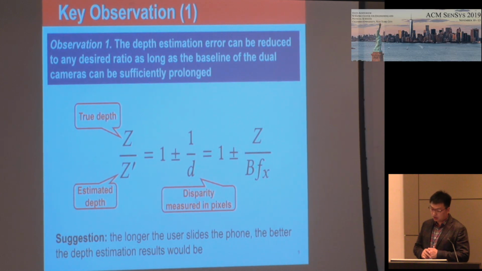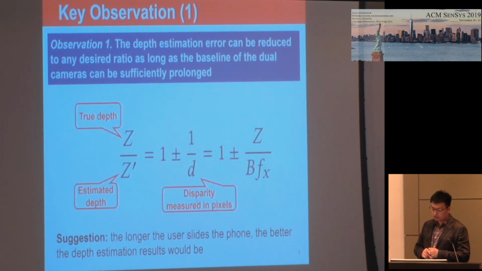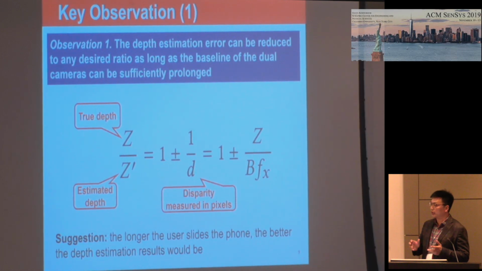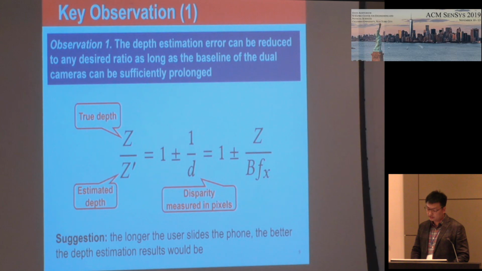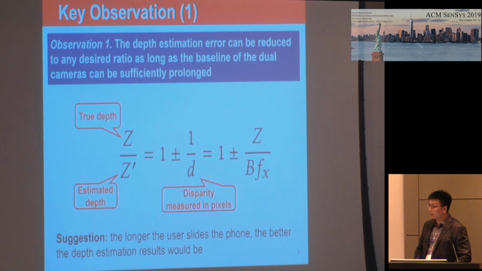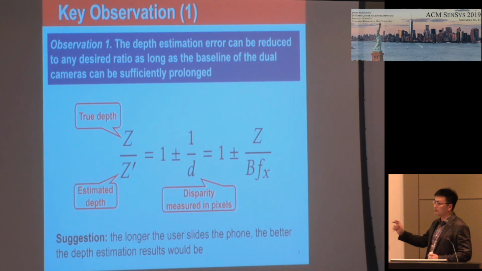It comes from the rounding error of the disparity measured in pixels. So you can see here, given the depth Z, if you increase the baseline B, then you will minimize the error. So the suggestion is that you should try to slide the phone as long as you can.